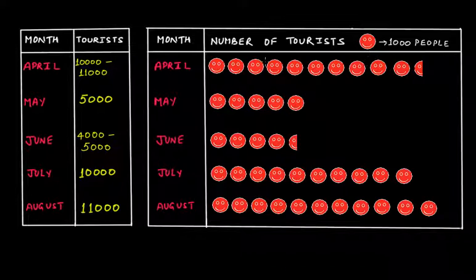Now let's say you are not knowing this range, and someone asks you, okay, you have only this pictograph, can you tell us how many tourists visited in the month of April? So you can say that it is 1, 2, 3, 4, 5, 6, 7, 8, 9, 10 smiling faces, 1,000 people for one, so for 10 smiling faces it's 10,000.